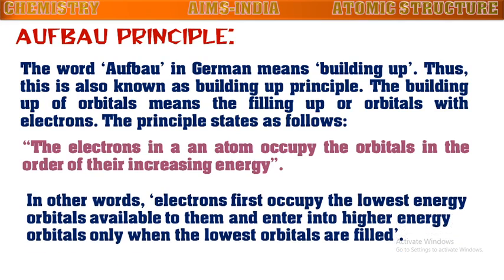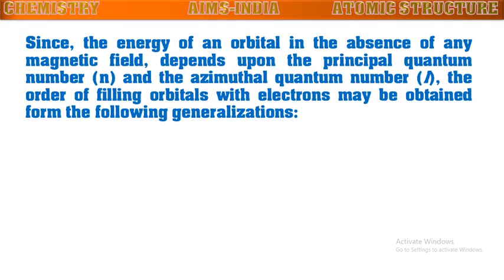In other words, electrons occupy first the lowest energy orbitals available to them and then enter into higher energy orbitals only when these lower energy orbitals are completely filled. Since the energy of an orbital in the absence of any magnetic field depends upon the principal quantum number n as well as on the azimuthal quantum number l, the order of filling of orbitals with electrons may be obtained from the following generalization also.